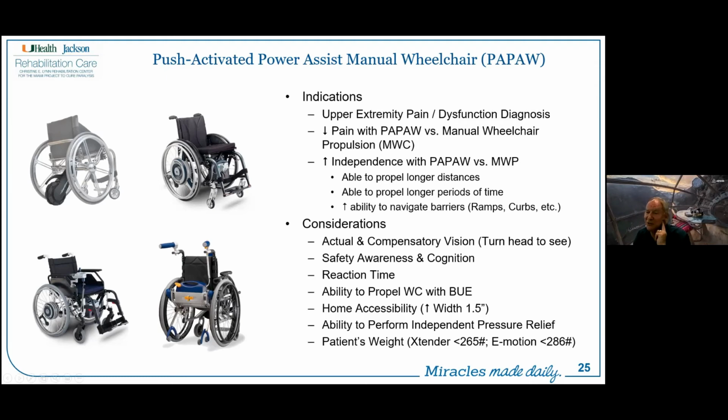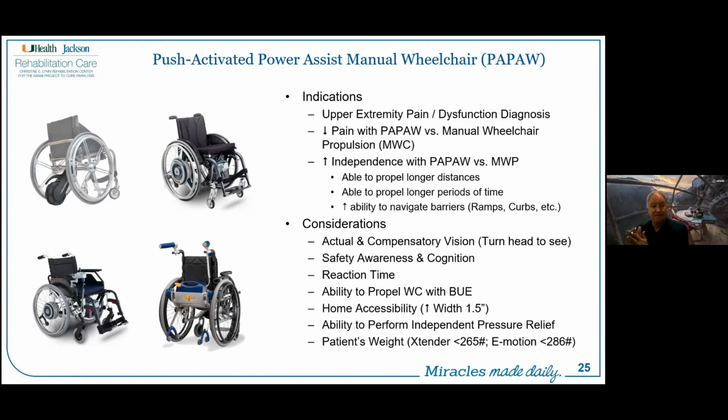And so you have to diagnose that, include that in your justification, and you have to demonstrate that they have reduced pain using the push activated power assist wheelchair compared to the manual wheelchair propulsion. You also have to demonstrate increased independence with the push activated power assist wheelchair compared to the manual wheelchair propulsion. And notably, the individuals are going to be able to propel longer distances and over longer periods of time, notably an increase in their ability to navigate barriers, ramps, curbs, etc.